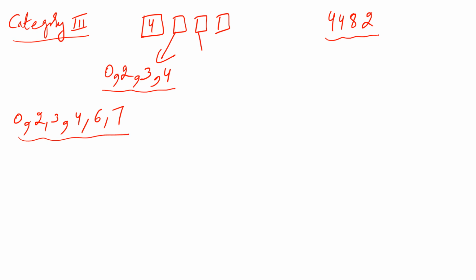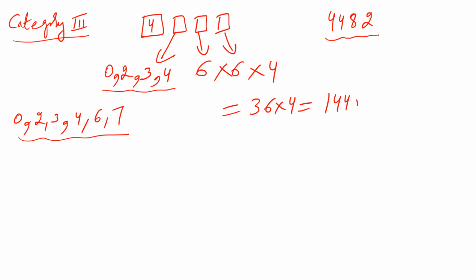So that means this particular third digit can be filled by any among them. That means there are 6 possibilities. Now since I have fixed the third digit smaller than 8, then obviously there is no problem in using any of these digits in the fourth place as well. That means now we have 6 into 6 into 4 or 36 into 4 or 144 such numbers.